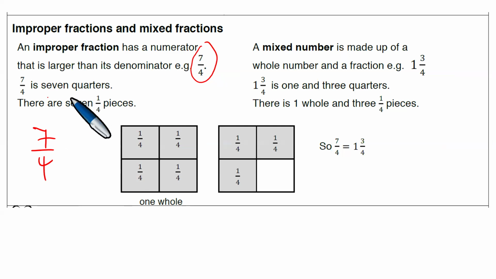It's 7/4, because 1 to 4 is 1/4. So there are 7 1/4 pieces: 1/4, 1/4, 1/4, 1/4, 1/4, 1/4, 1/4.